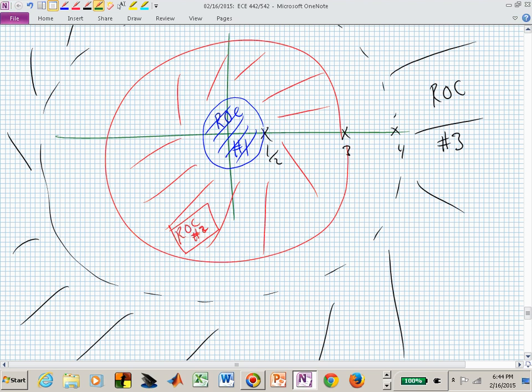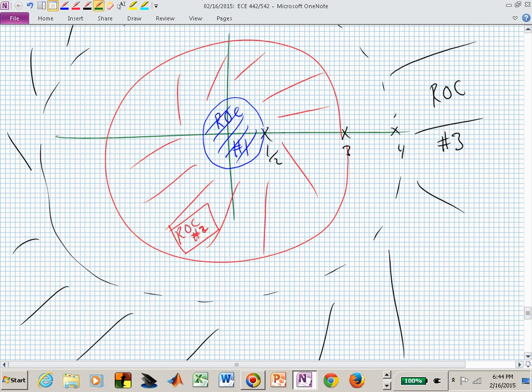What do we know about this annular region? What ends are associated with 1/2? Where's the region of convergence relative to 1/2? It's outside, isn't it? And what do we know about the region of convergence when it's outside of a pole? What ends are associated with that structure or that mode? Causal.